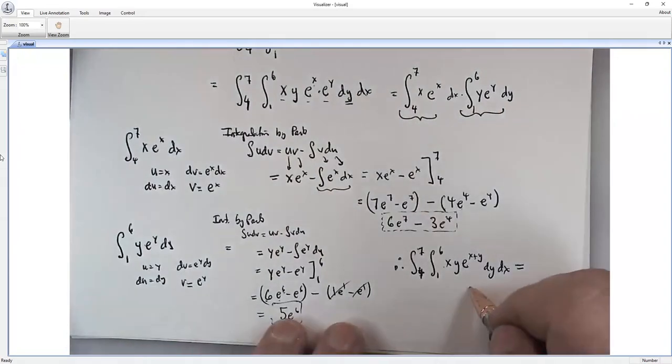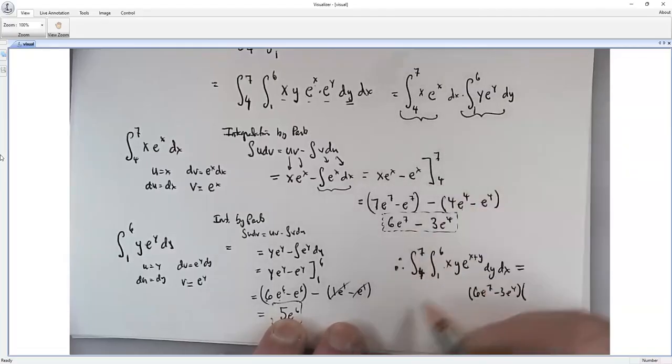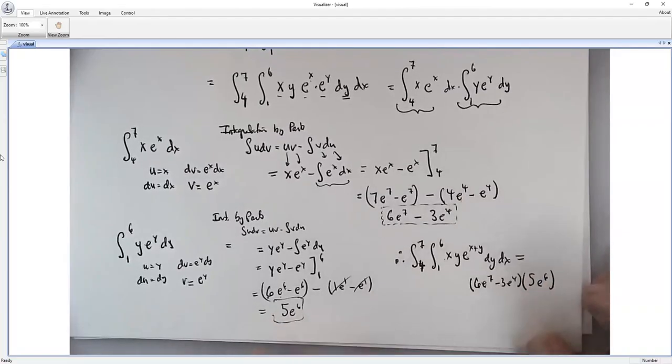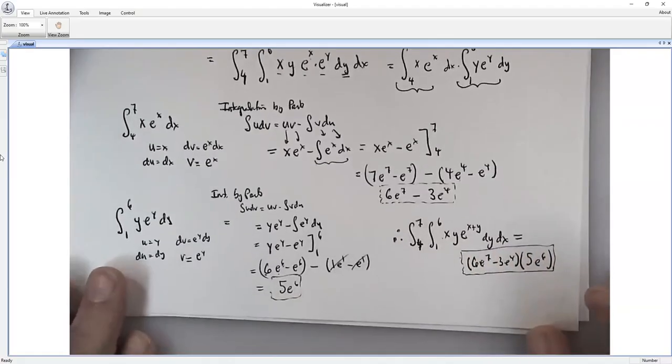The first one I got was 6 e to the 7th minus 3 e to the 4th, times the second one, which is 5 e to the 6. There's my answer.